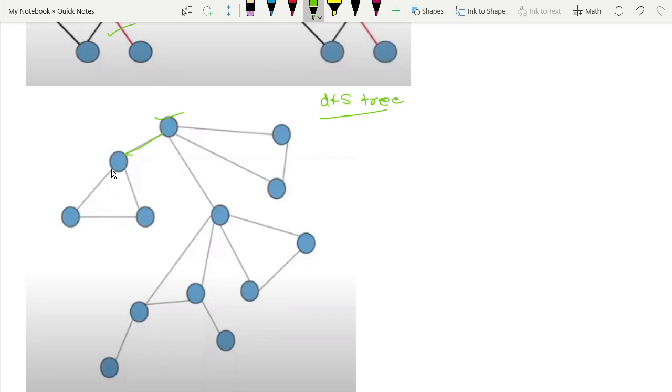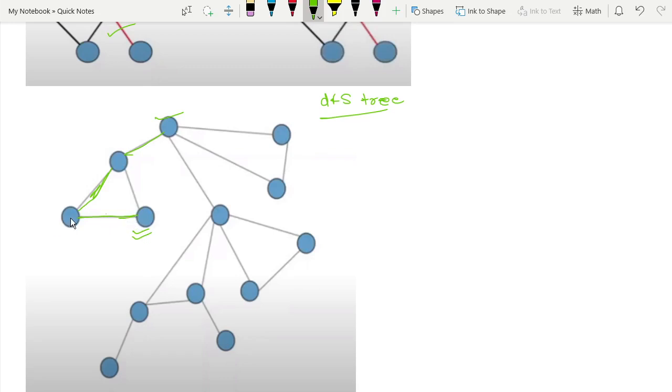After that, suppose it comes here, and here, and this node. Now when it comes to this node, since all the nodes connected to this node are visited, it will trace back.